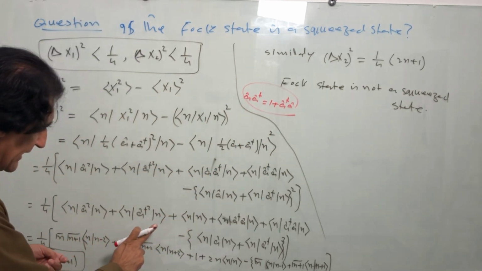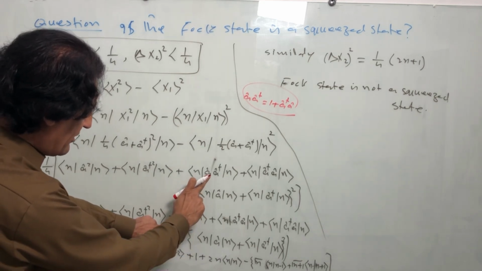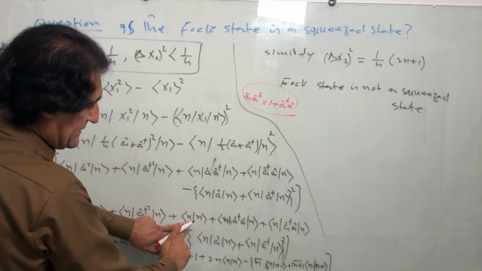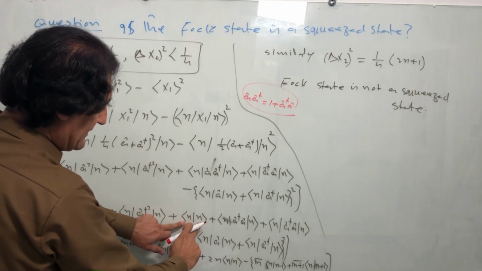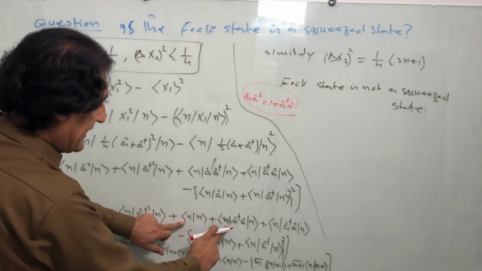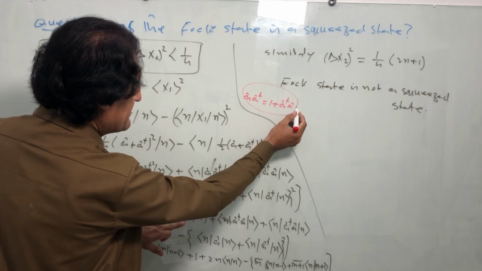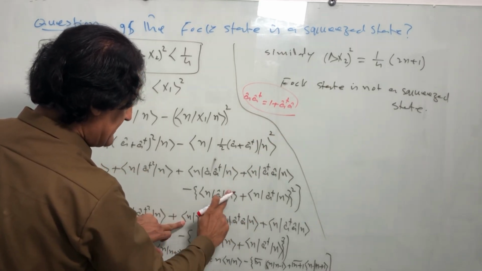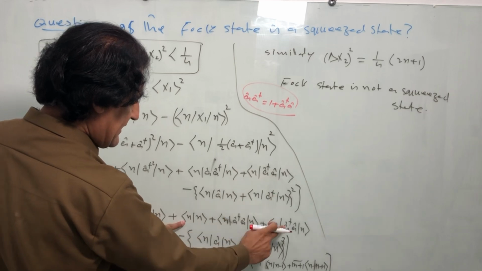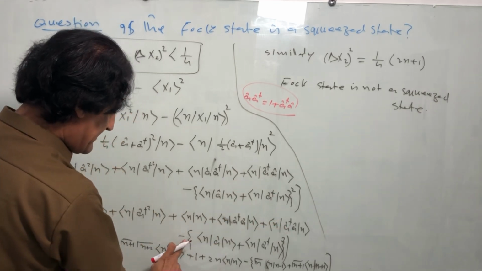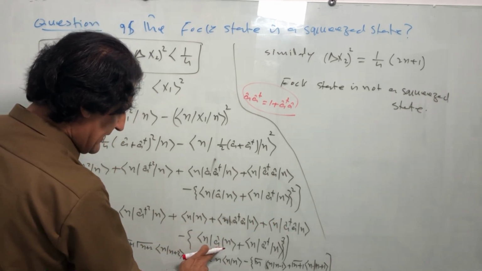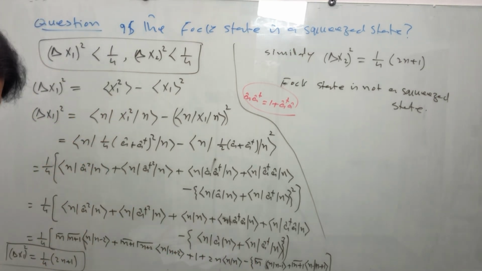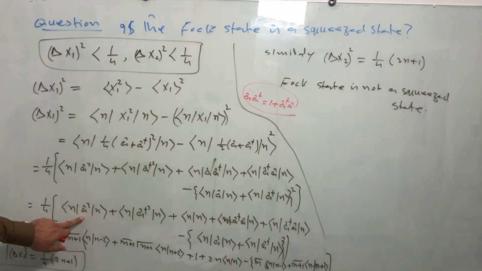So I have directly put the value of a a dagger here, then we have 1, and we can take the expectation value of this. So this is n a dagger a n, and this thing remains the same, and further minus n a n and n a n. Now the point is how to solve this.